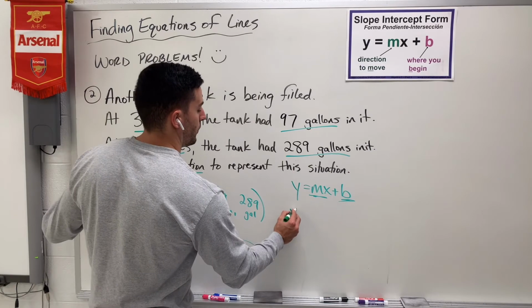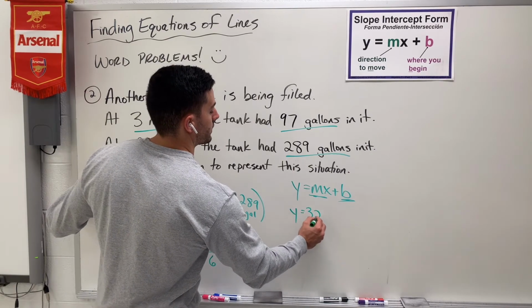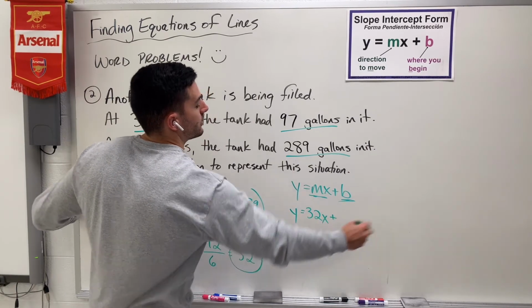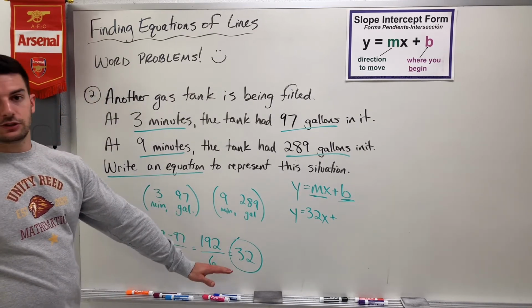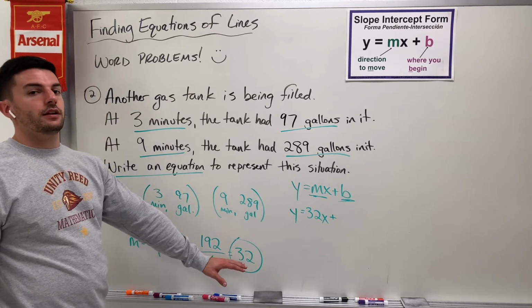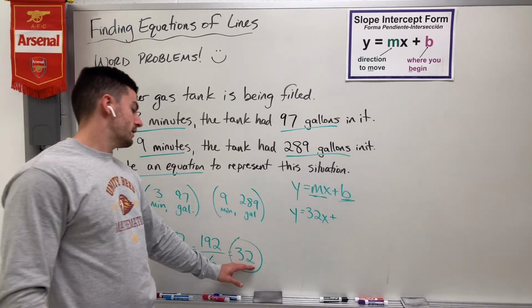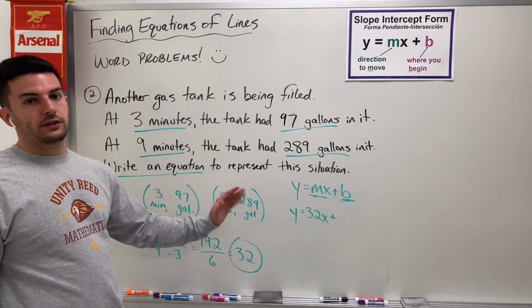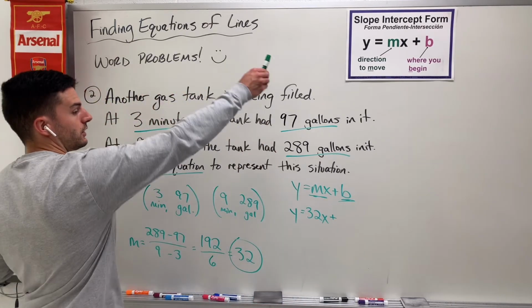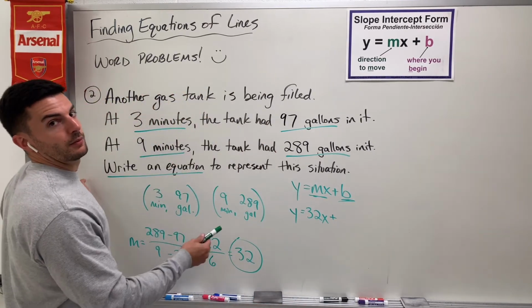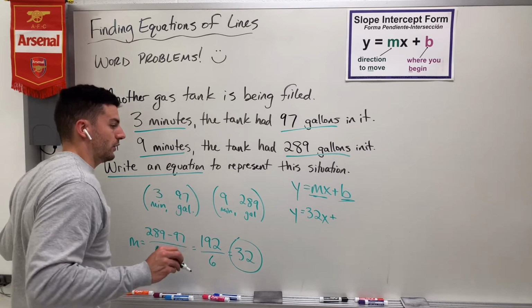So I know it's going to be y equals 32x plus something. I don't know what my B value is yet. But now that I know my slope, I can do what I did in the last problem and take one of these points, doesn't matter which one, and plug them into the equation and find my B value. So that's the last step here.